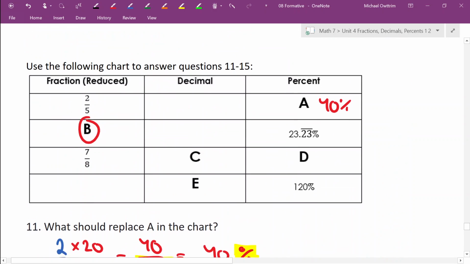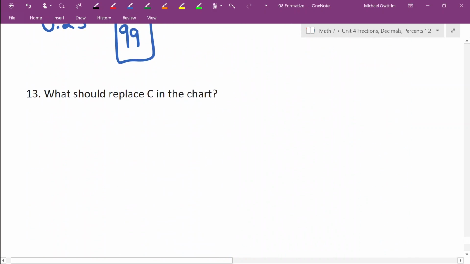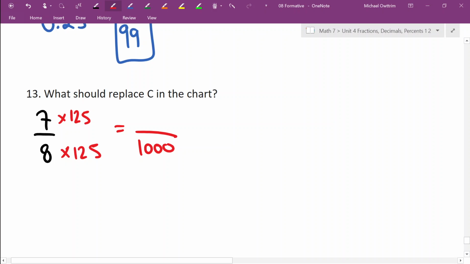Next, we're asked for letter C in the chart. Letter C is the decimal for the fraction 7 over 8. You could either long divide this fraction to get your decimal, or you can multiply by 125. I pick 125 because 8 times 125 is 1,000, and so multiplying the top by 125 will give me a number that I can use place value to convert.